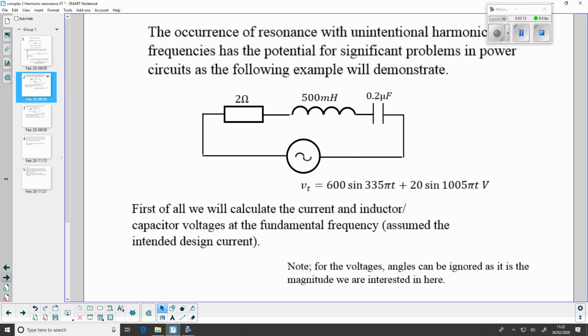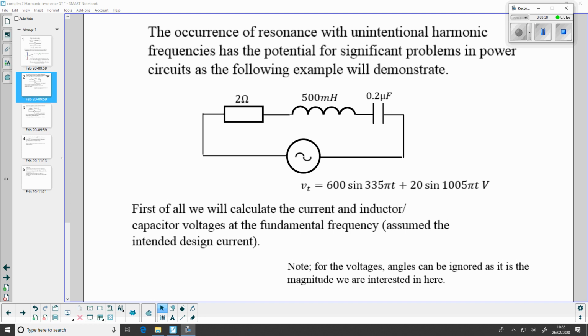So, the occurrence of resonance with unintentional harmonic frequencies. You can get situations where what are called non-linear devices in electronic circuits cause harmonic frequencies to be superimposed onto your main sine wave in an unintentional way.